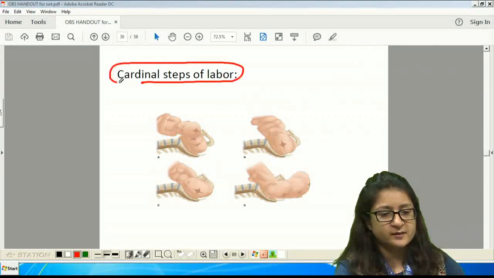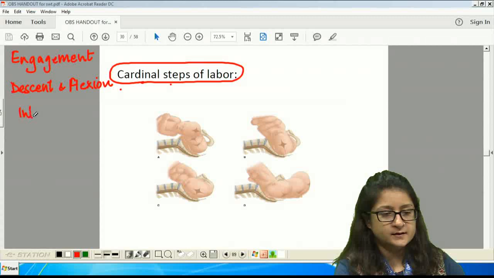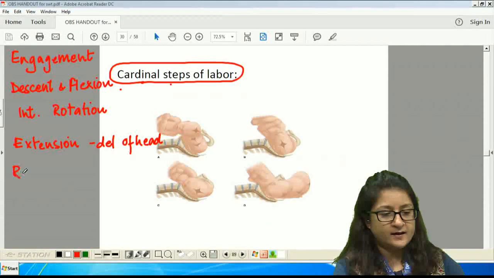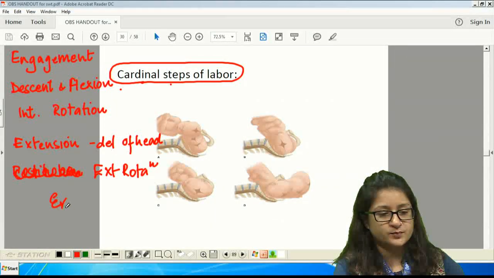The cardinal steps of labor are basically your engagement, descent and flexion, your internal rotation, extension, which leads to the delivery of head by extension. Then we have the external rotation and the expulsion.